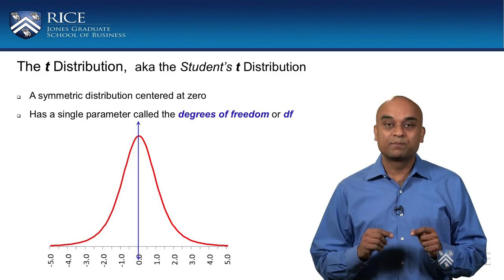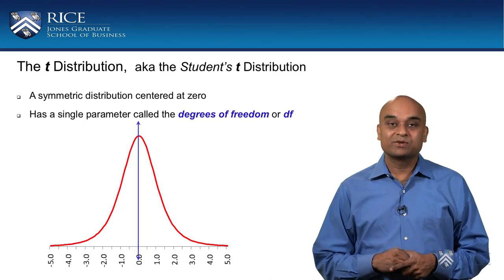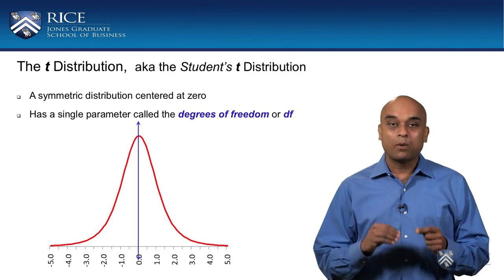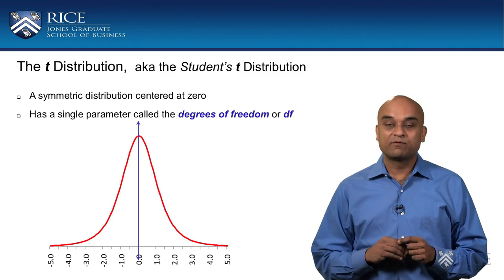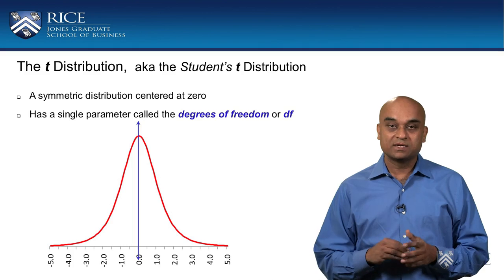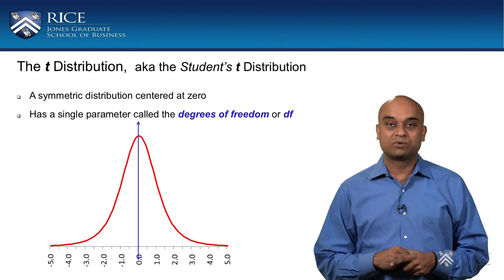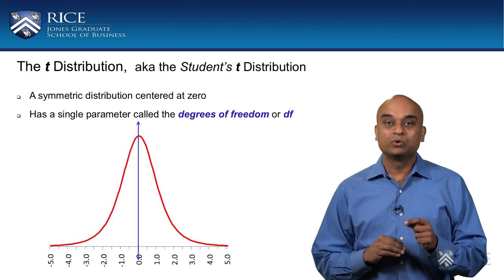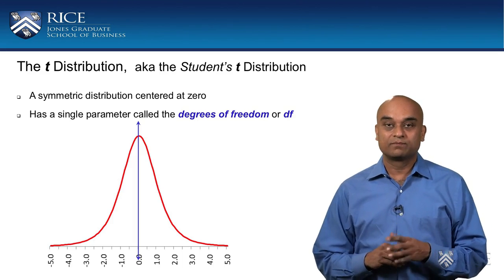However, the spread or the standard deviation of this distribution depends on a single parameter called the degrees of freedom, commonly denoted by df. As this degrees of freedom increases, the T distribution becomes closer and closer to the standard normal distribution. Accordingly, the T distribution is uniquely identified by this single parameter, the degrees of freedom.